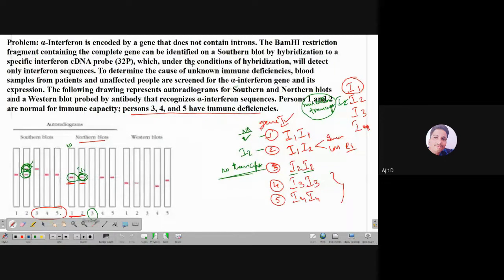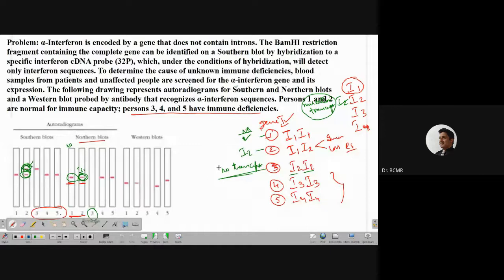But since the promoter might have undergone some kind of mutation, transcription has not occurred, because the promoter should have the specific sequence. We cannot be sure about the nature of the mutation. What we can say is the consequence of the mutation: it is a mutation, and the consequence is no transcription.